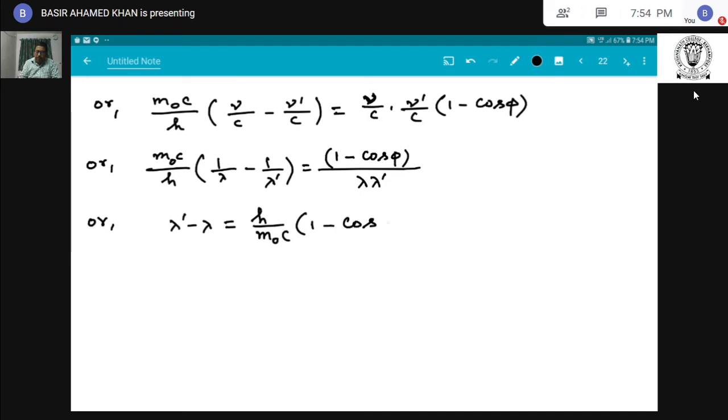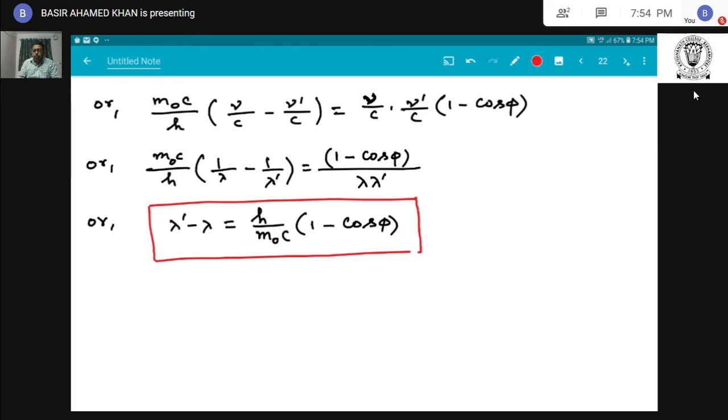This is the relation of the scattered photon wavelength and the incident photon wavelength.